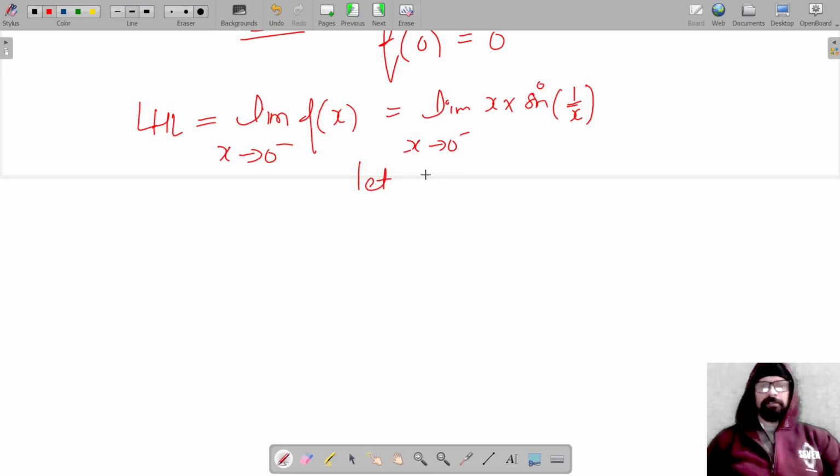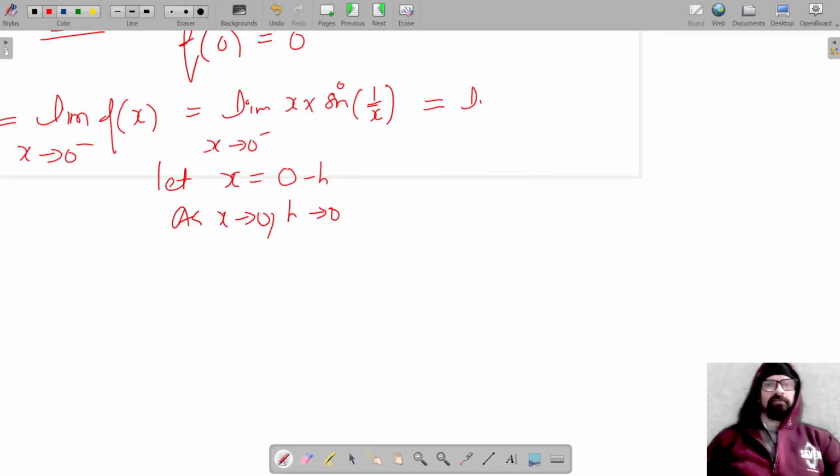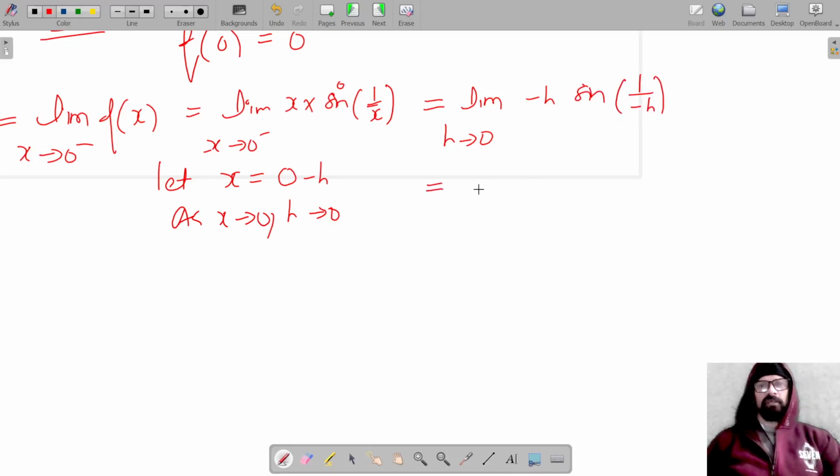Let's say x is equal to a small value, 0 minus h, and now when x tends to 0, h tends to 0, so this limit now becomes limit h tends to 0, x is 0 minus h, which is negative h, and sine of 1 upon negative h.